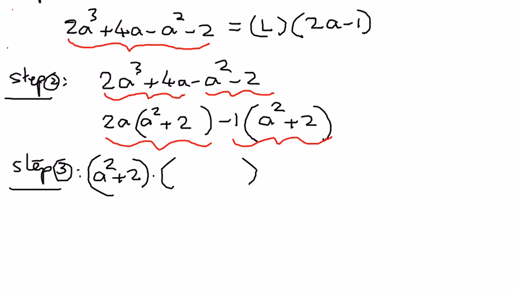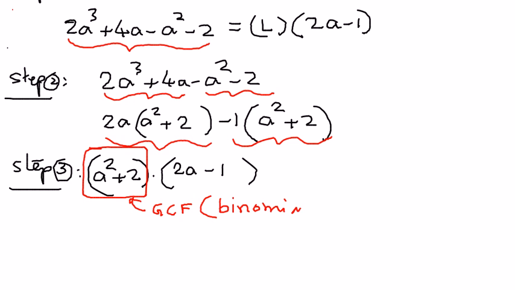When I pull out a squared plus 2 in the first expression, 2a is left. When I pull out a squared plus 2 in the second expression, negative 1 is left. So in here, a squared plus 2 is what is called the greatest common factor, and this happens to be a binomial.